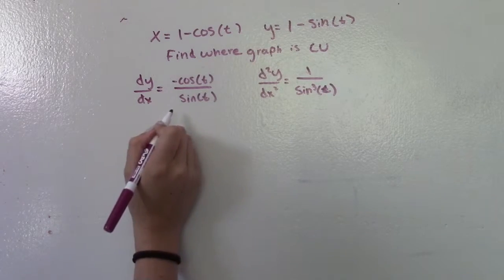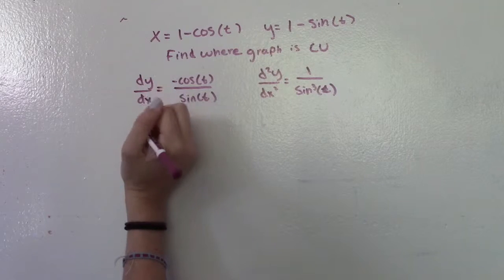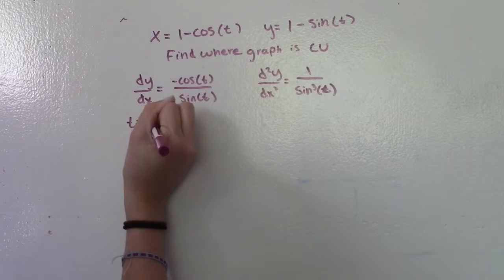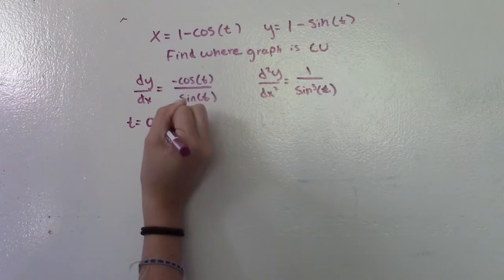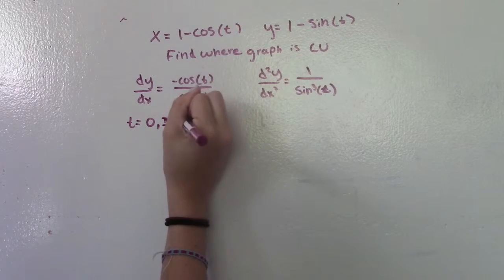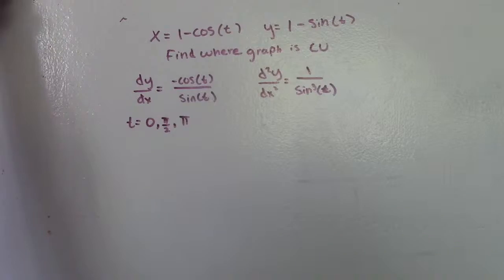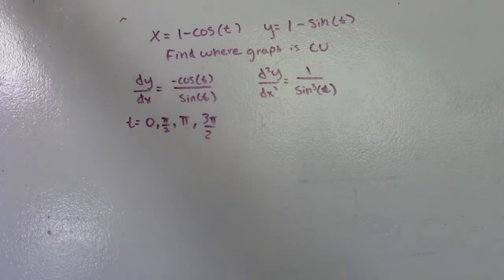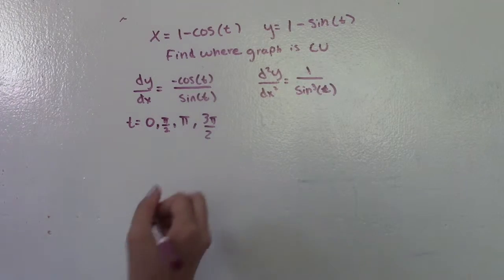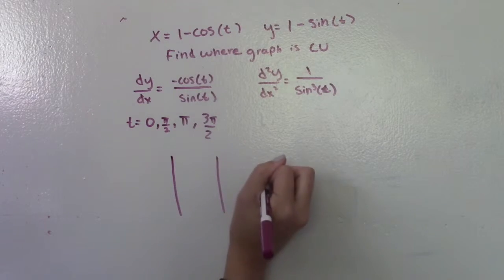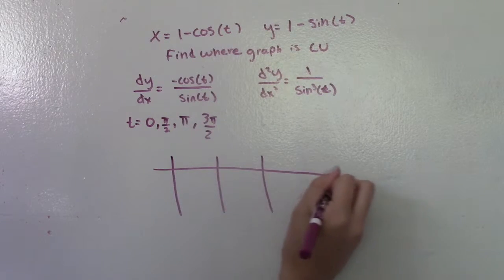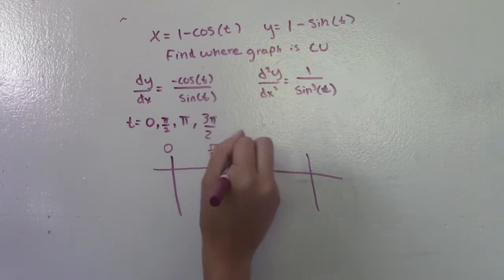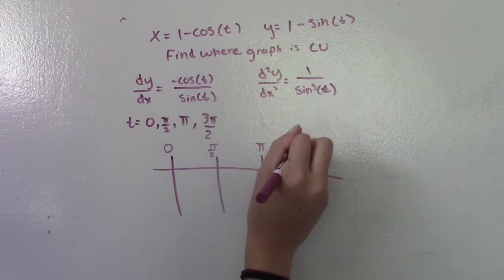If we see where the critical numbers for dy dx are, at t equals 0, pi over 2, pi, and 3 pi over 2, then we can set up our interval chart: 0, pi over 2, pi, and 3 pi over 2.